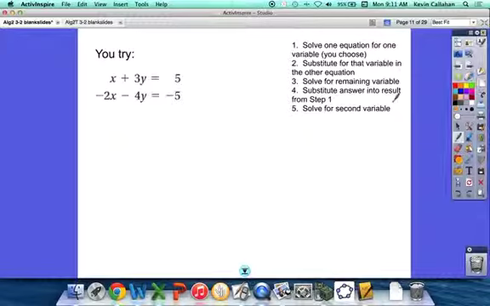Which equation did you solve for which variable? The first one for which variable? Yeah, probably you should be starting by solving the first one for x.